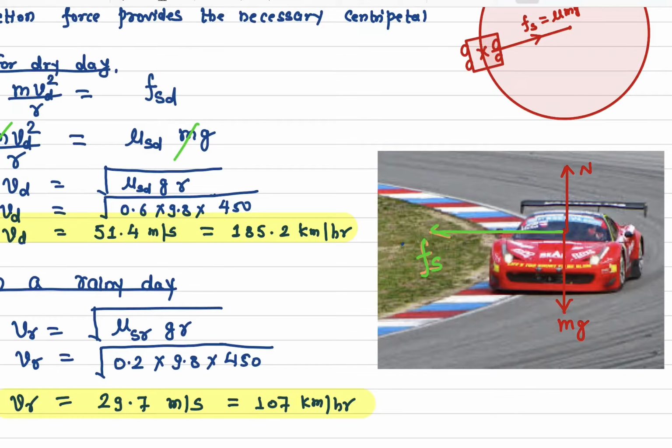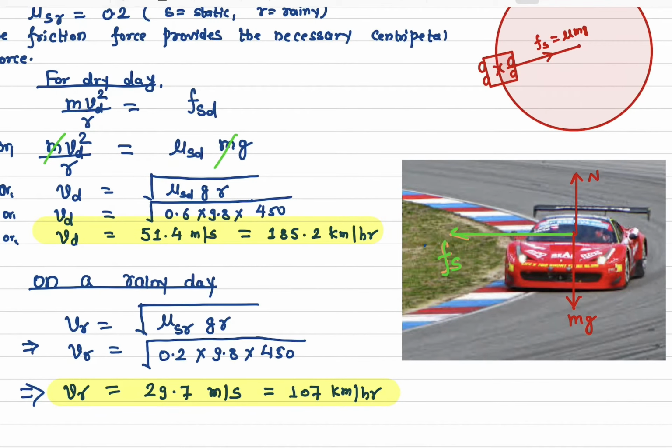So this is the free body diagram. The weight of the car is always downward. That's the weight. And the normal force is perpendicular to the surface, this N. And the frictional force is towards the center of the circle.